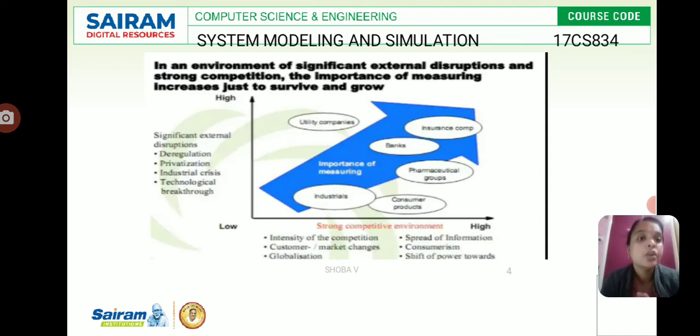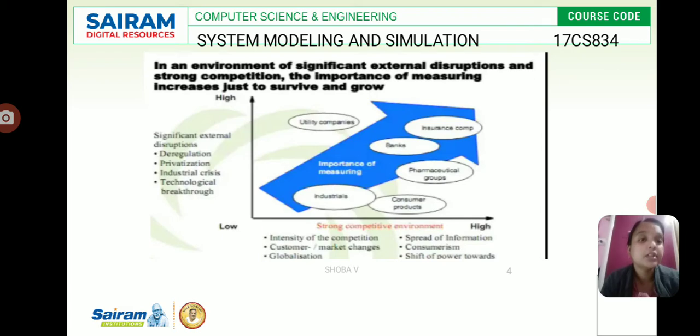We can have a strong competitive environment, with low and high categories, and a phenomenon for the particular environment: intensity of the competition, customer market changes, globalization, spread of information, consumerism and shift of power. So what we have to understand is the importance of measure, the most significant concept of improvement of performance measurement.